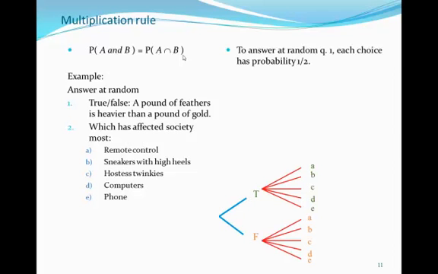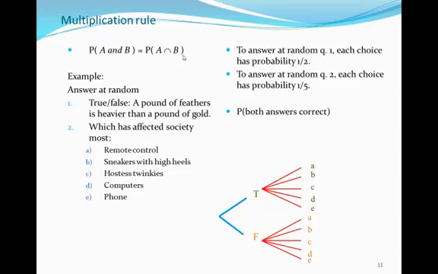So the probability at random, for question 1, each choice has probability 1/2. So probability of getting the correct answer will be half. Getting the wrong answer will be half too. Now we want to answer question number 2 at random. Each choice has a probability of 1/5. So probability of getting the correct answer is 1/5.